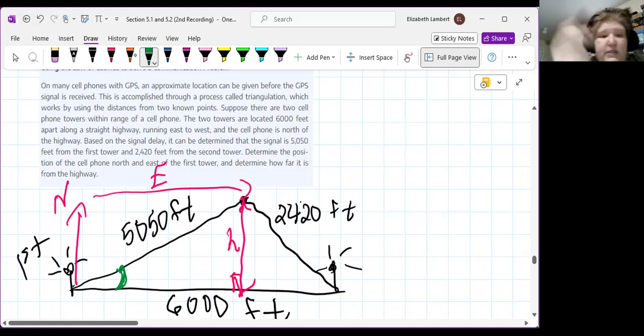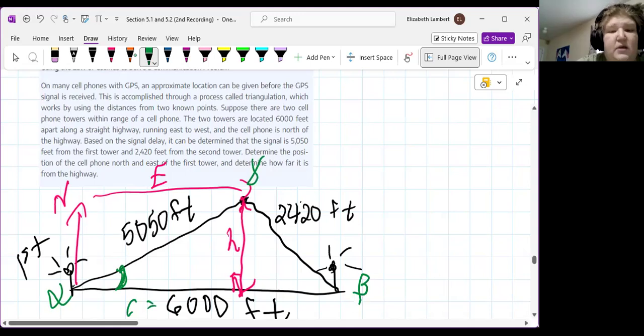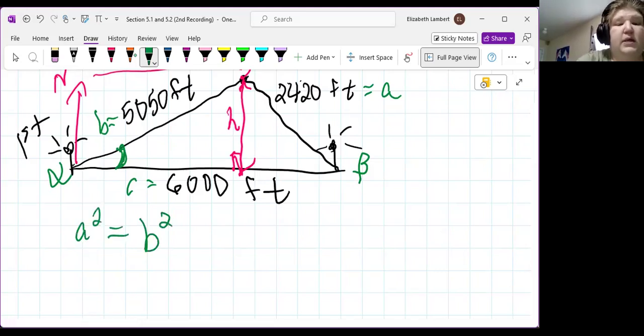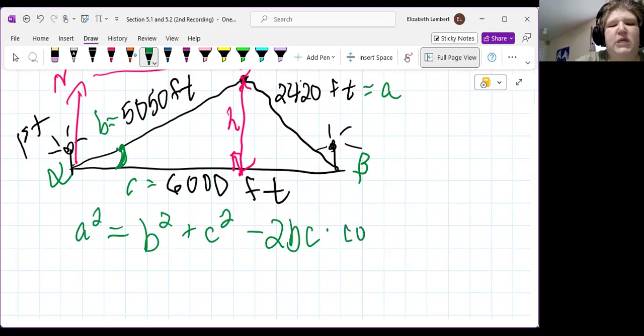I need some labels, though, so we'll go ahead with this is alpha, this is beta, this is gamma, so this is C, this is A, and this one is B. Since we are finding alpha, we're going to start with a squared equals b squared plus c squared minus 2bc times the cosine of alpha.